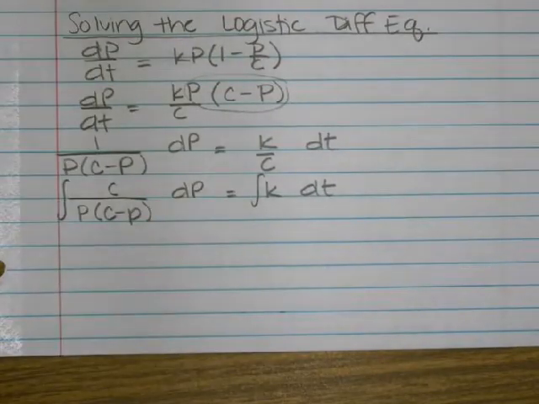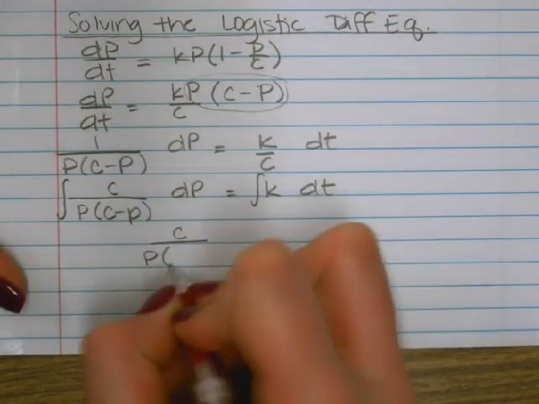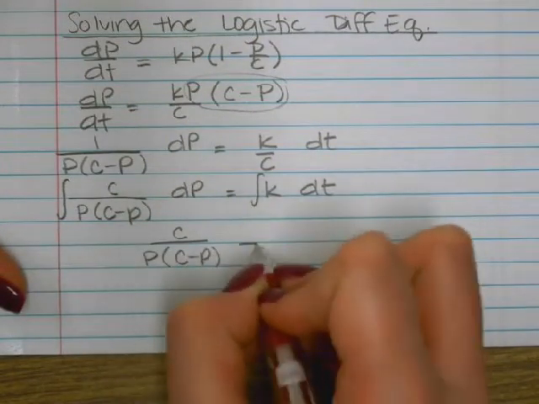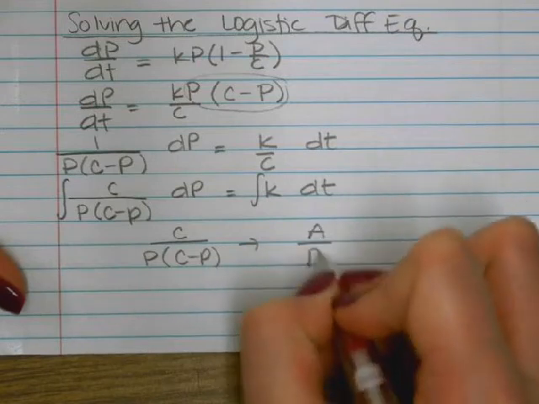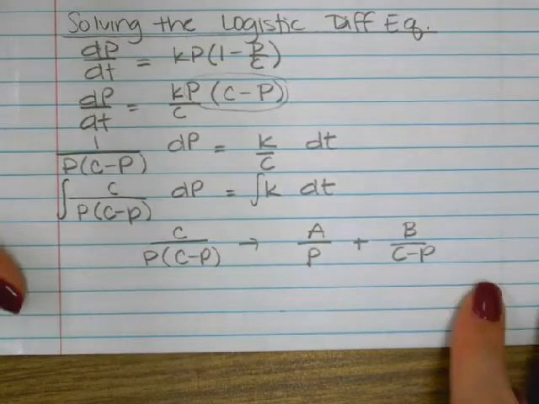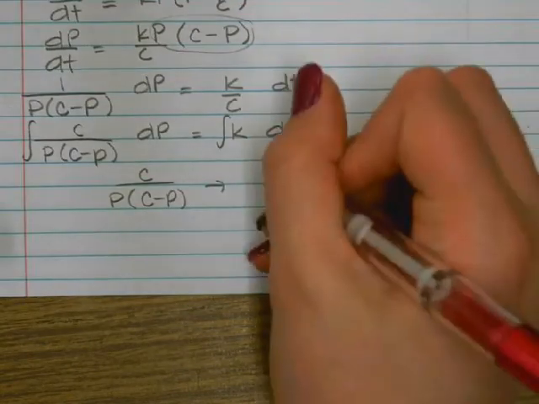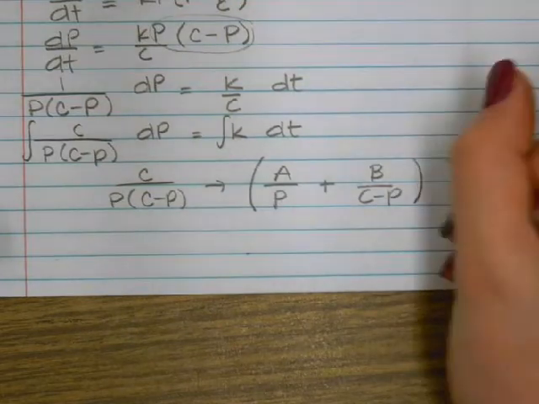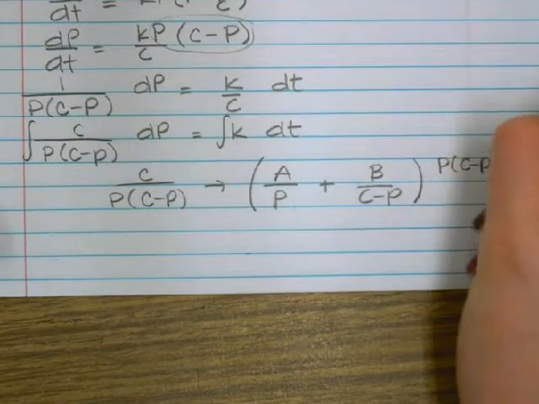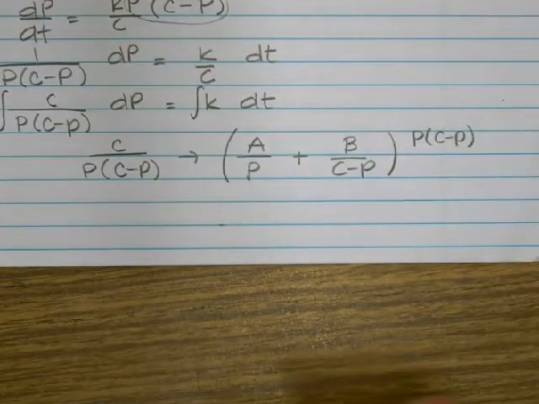I'm going to say that C over P times (C minus P) is A over P plus B over (C minus P). So there's my fraction. I have to break it apart so that I can integrate it. Just keep in mind that P is your variable. That's what you're plugging a number in for.